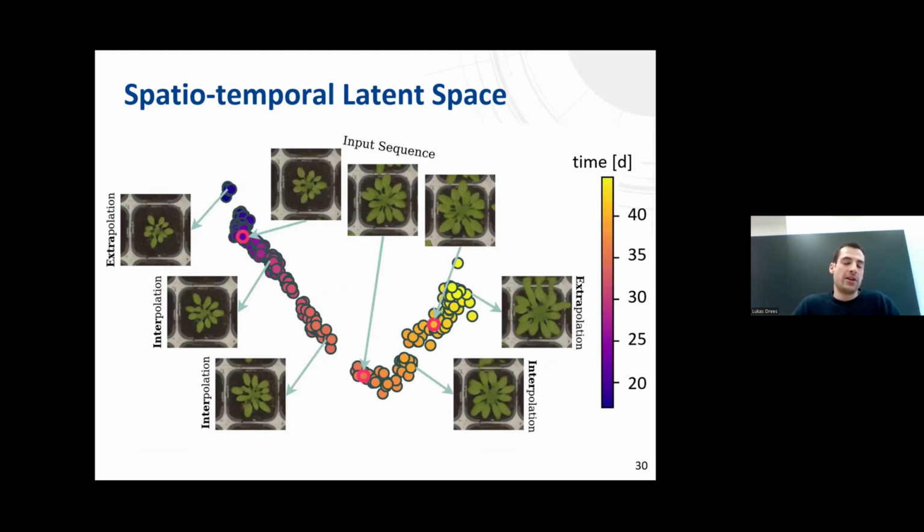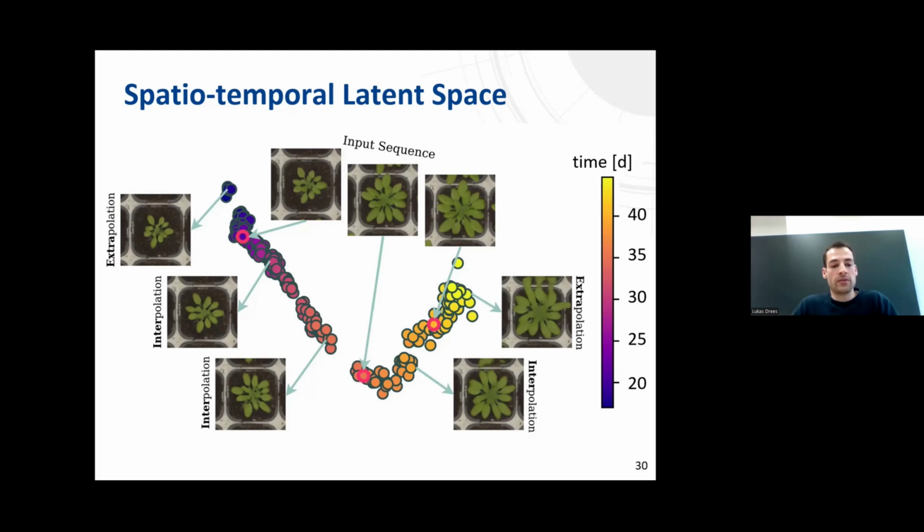To maybe get a better intuition about the latent space I was talking about, this figure might help. So we have the input sequence on top, which is encoded into this so-called spatio-temporal latent space. You can imagine that the trajectory represents the growing period, and for some days there are data gaps.